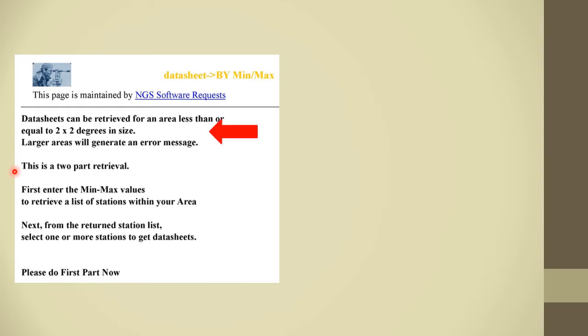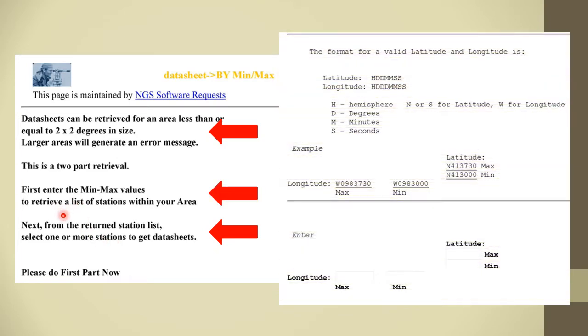So anything larger, you'll get an error message, okay, and then you will get all the stations that may have actual surveyed benchmarks. So you have to enter the min-max.